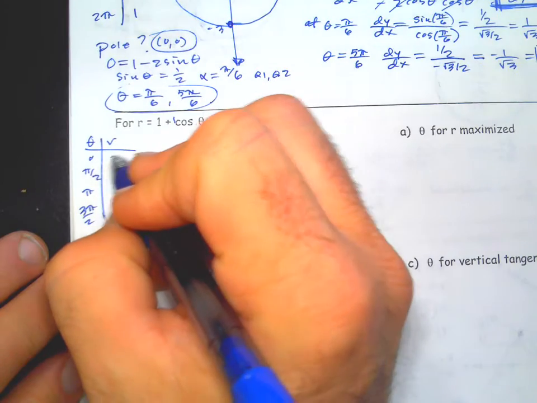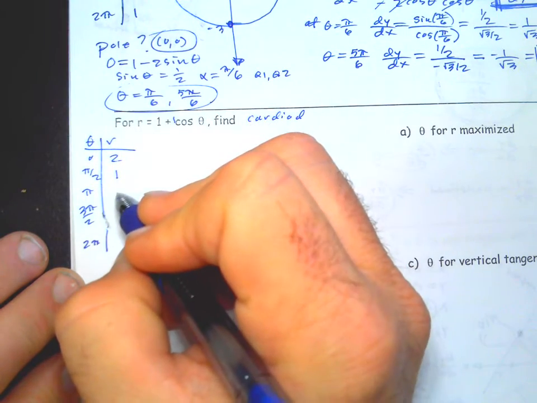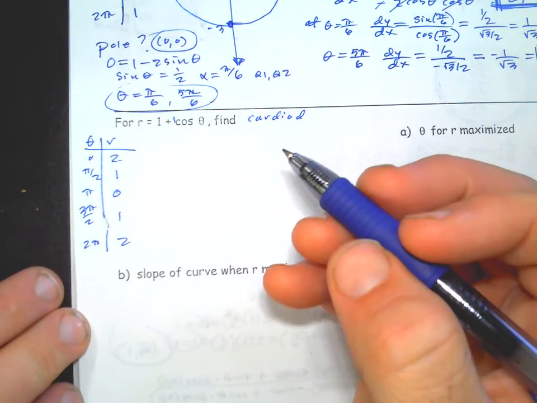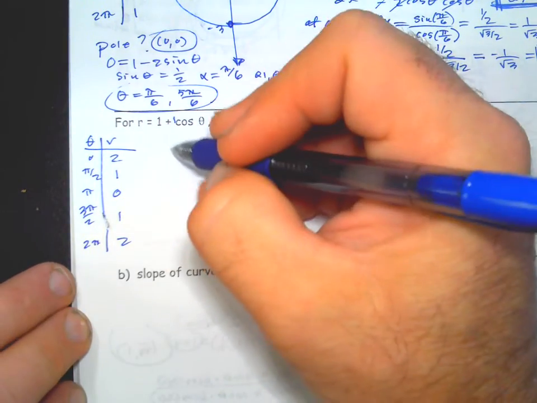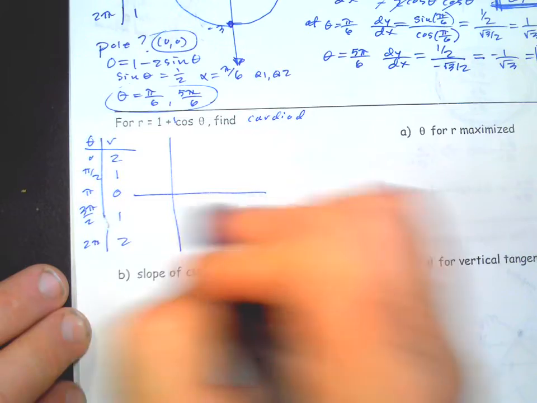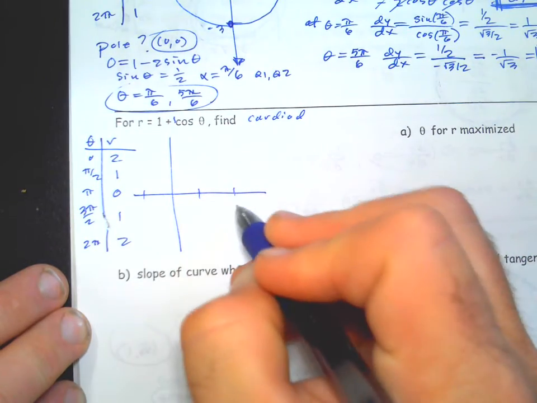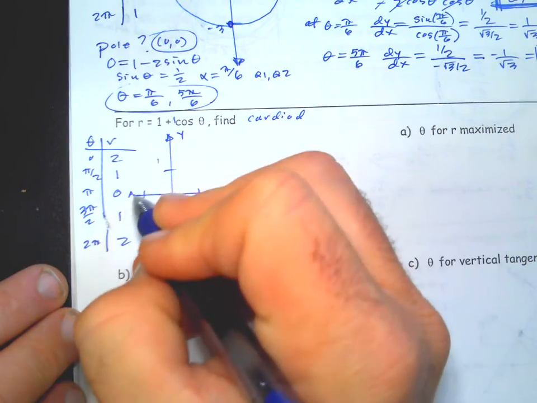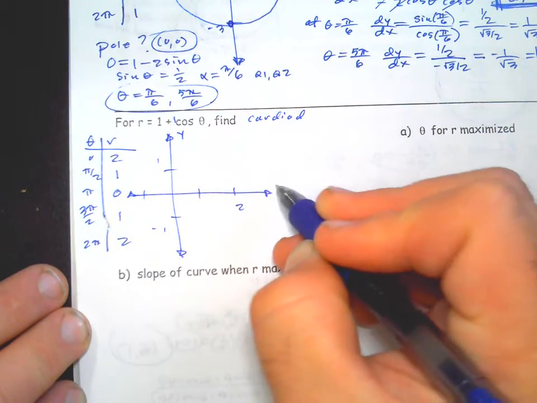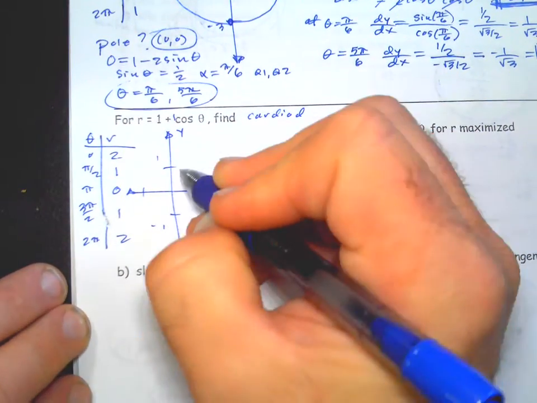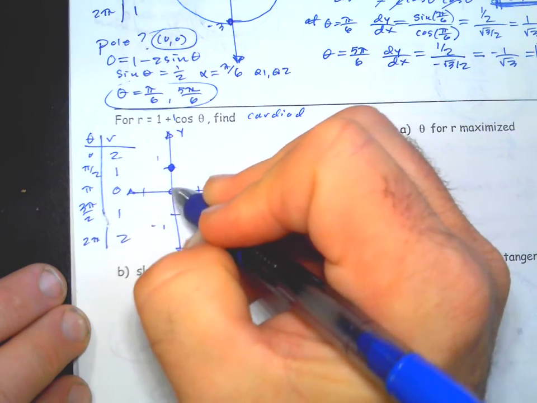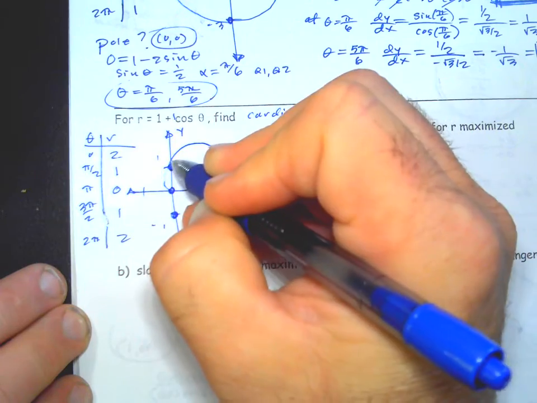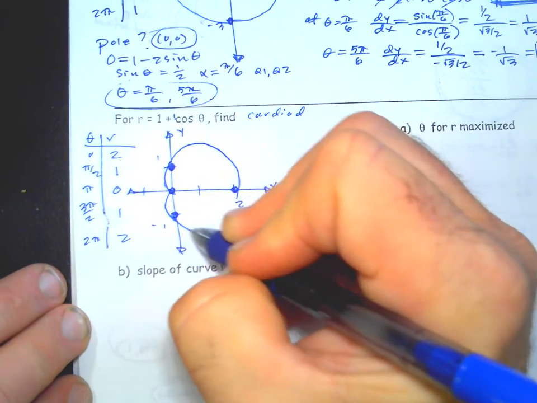So that's going to be 2, 1, 0, 1, 2. It's going to be horizontal. It's going to be bigger on the right side. So 0, 2 is here, pi over 2, 1's here, pi, 0 is here, 3 pi over 2, 1's here. And it looks like that.